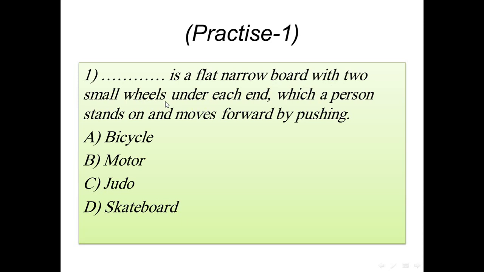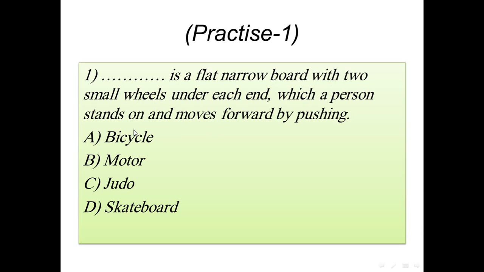You have seen the picture of a skateboard. So here it says 2 small wheels under each end, which a person stands on, and it moves forward when someone pushes it, and sometimes the person can just move the skateboard by itself.